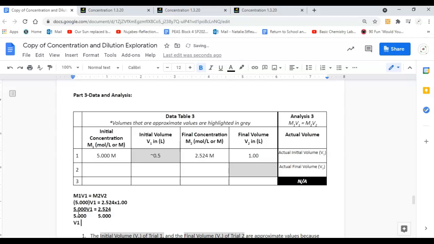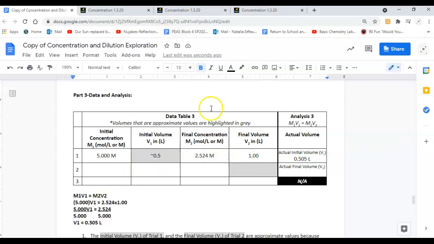And then I get my V1 to be 0.5048, which in terms of sig figs is 0.505. So that's my actual volume, and that's pretty close. So we're going to repeat that process for trial 2.